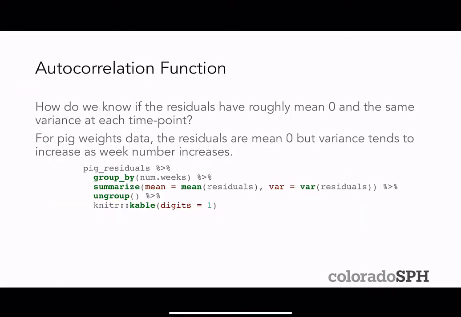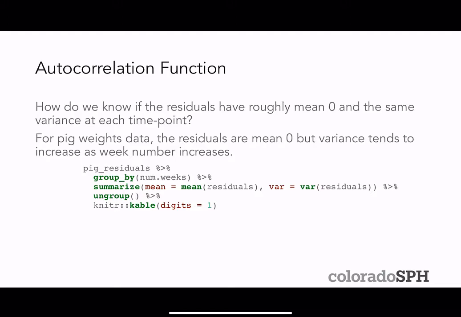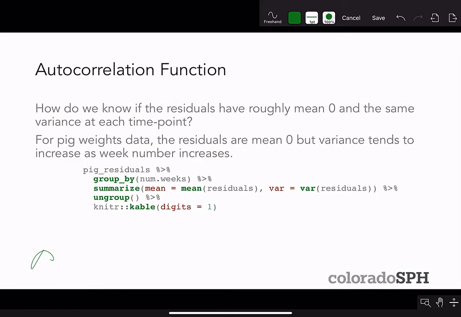So how do we know if residuals have roughly mean 0 and the same variance at each time point? Well, I'm just going to calculate this for the pigs data by grouping by week and then calculating the mean and the variance of the residuals at each week.